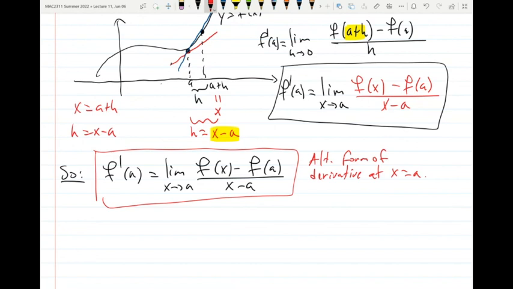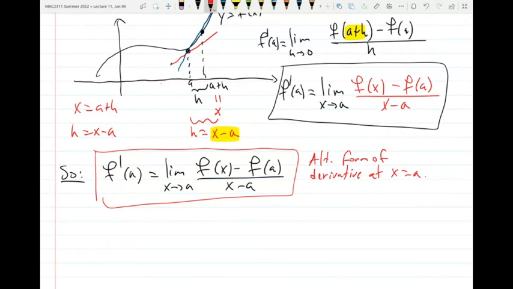The reason why we didn't start with this at the beginning is because this is good to define derivative at a point, but this is not something that you can generalize for any point. You cannot turn this into a function, because you don't have a place to put an x. We already have x in here. Okay? Before it was easier, that's why we used the previous form to define derivative in general.